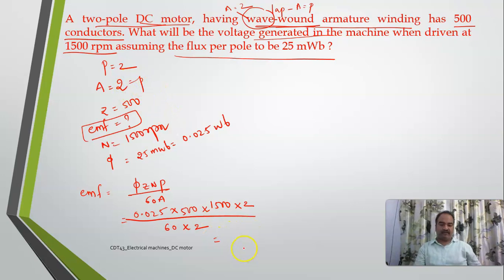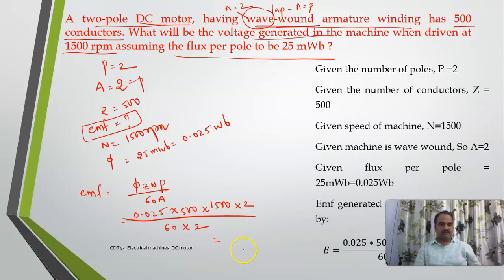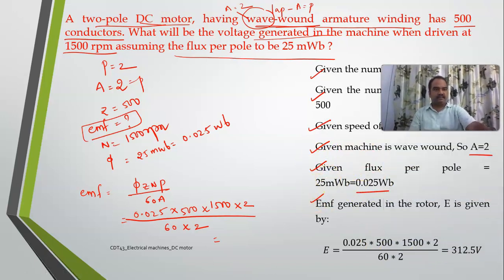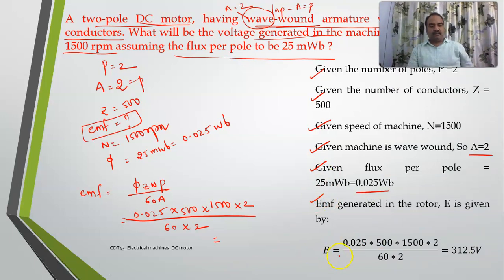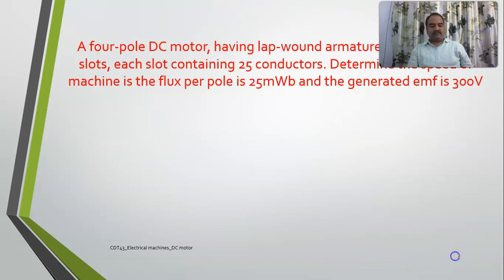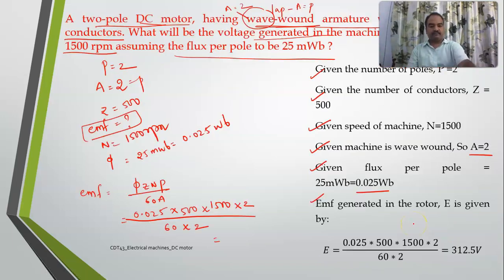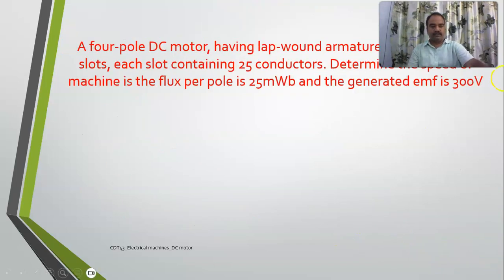Number of poles 2, conductors 500, speed 1500, wave wound so A is 2, given flux per pole. Just substituting the entire thing, what I am getting is 312.5 volts.